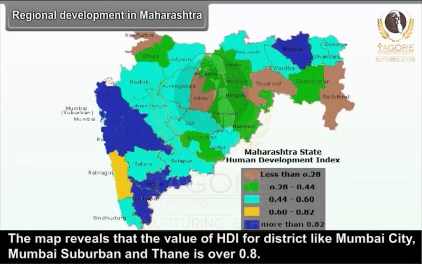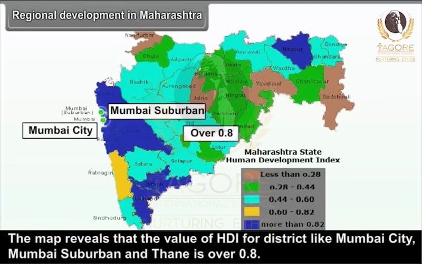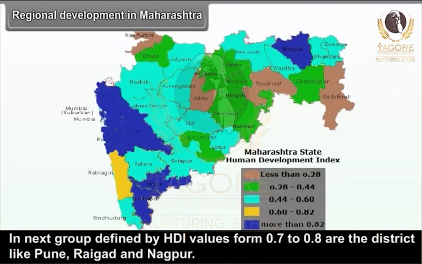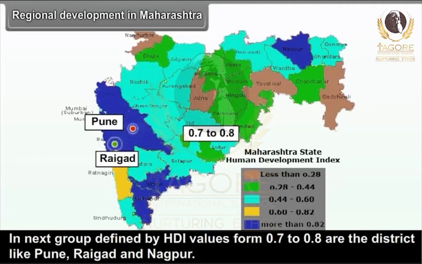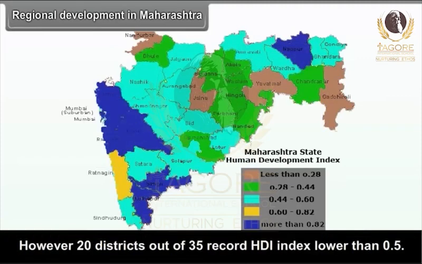The map reveals that the value of HDI for districts like Mumbai City, Mumbai Suburban and Thane is over 0.8. In the next group, defined by HDI values from 0.7 to 0.8, are districts like Pune, Raigad and Nagpur.